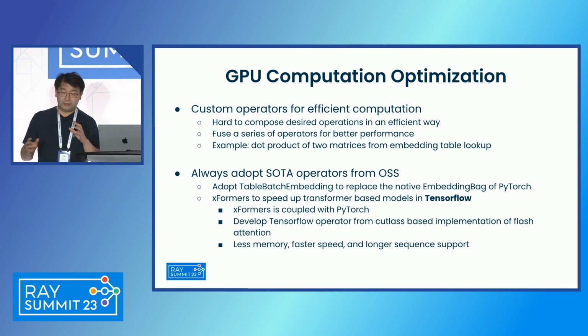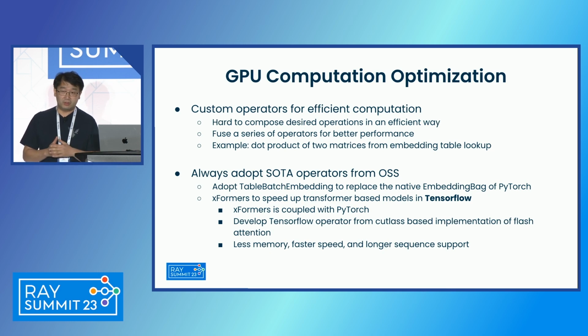This can come from very high framework overhead if we have a lot of tiny ops composing a very complicated operation. Also, each small operator involves a lot of memory allocation and deallocation due to the model training runtime. Another opportunity is that we fuse a series of operators, sometimes for better performance.